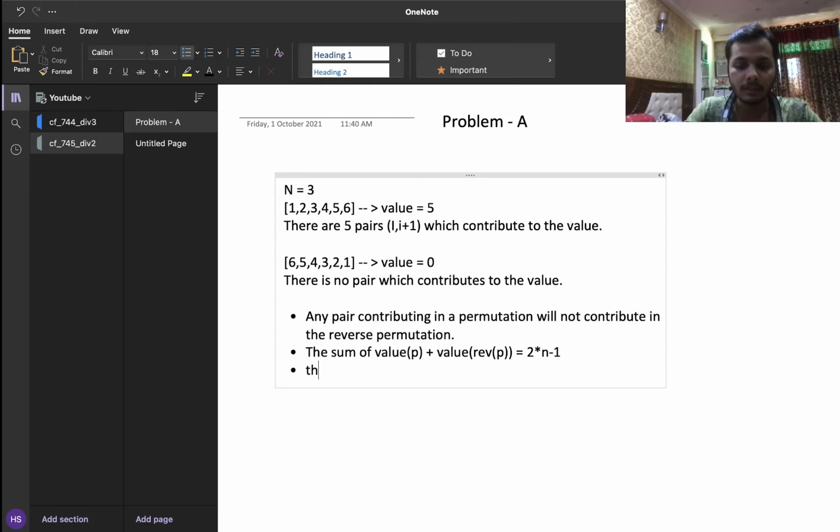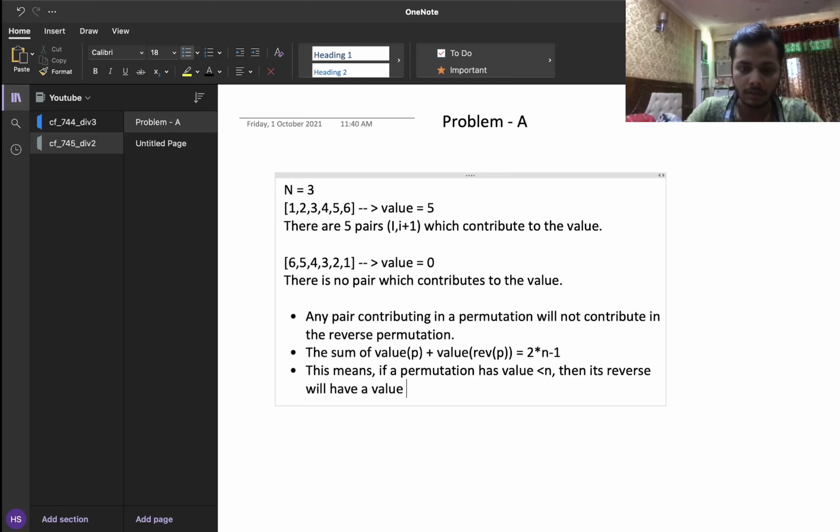So this means if a permutation has value less than n, then its reverse will have a value greater than n.